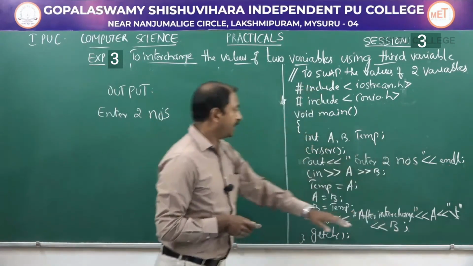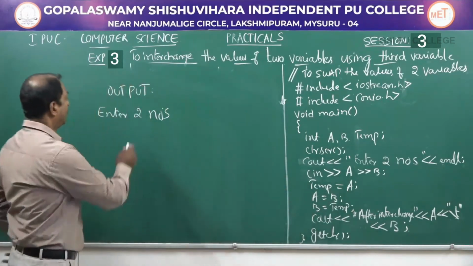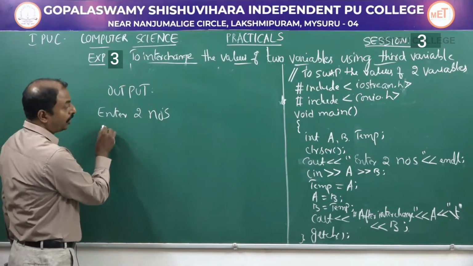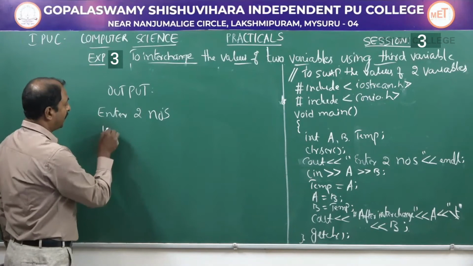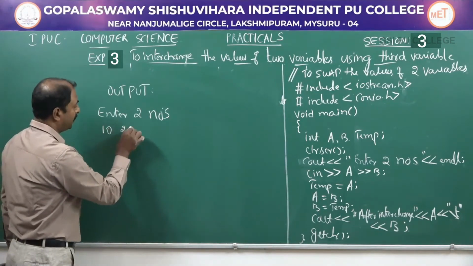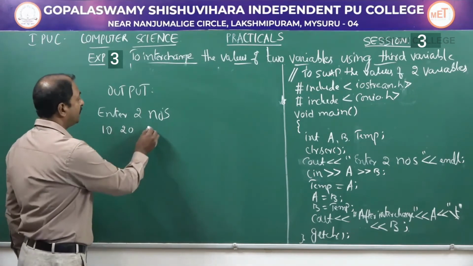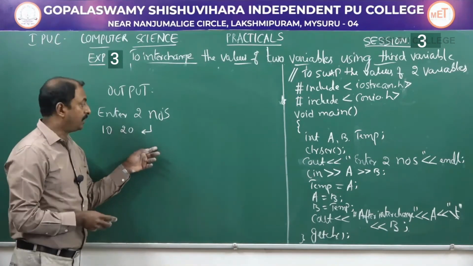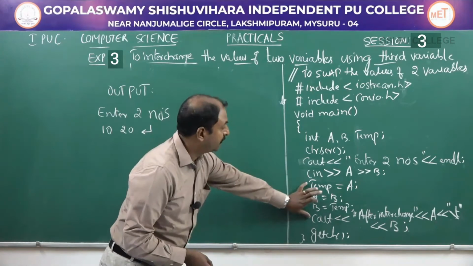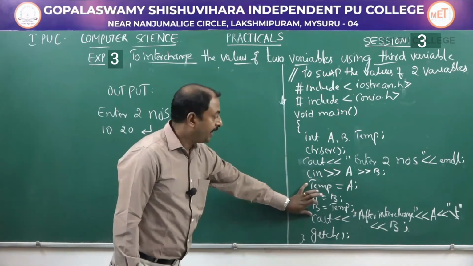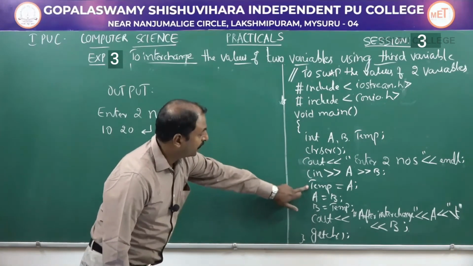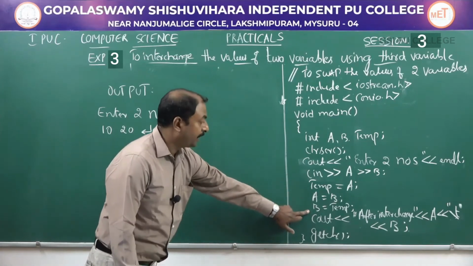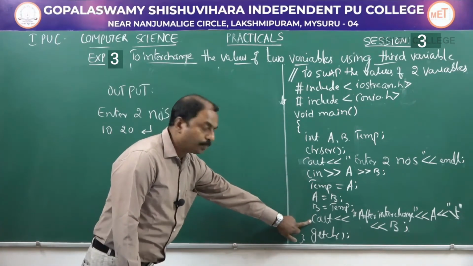Because of endl, the control goes to the next line, and here we are supposed to enter the values of two variables. For example, I can write 10 space 20, then press the enter key. Because of these statements, the values will be interchanged, and after executing these three statements, the next statement is the output statement.